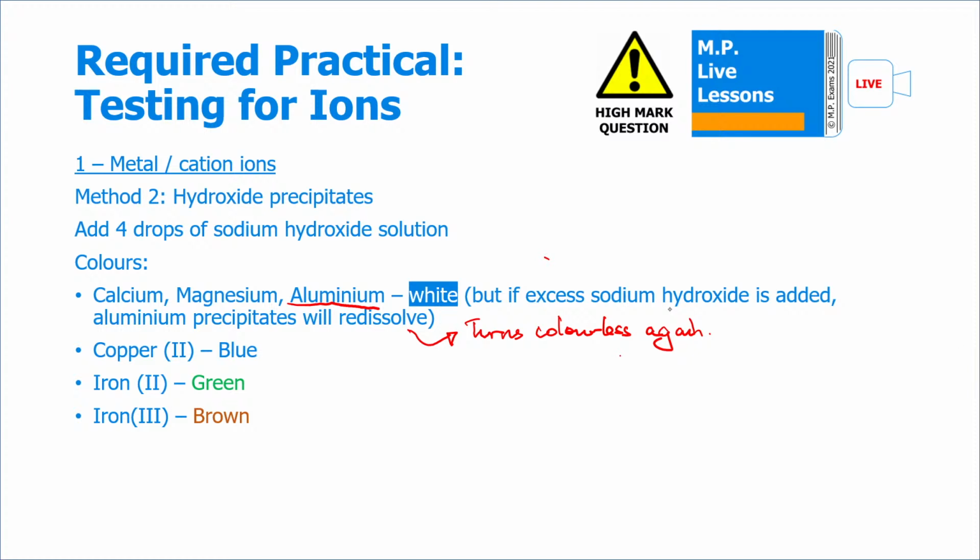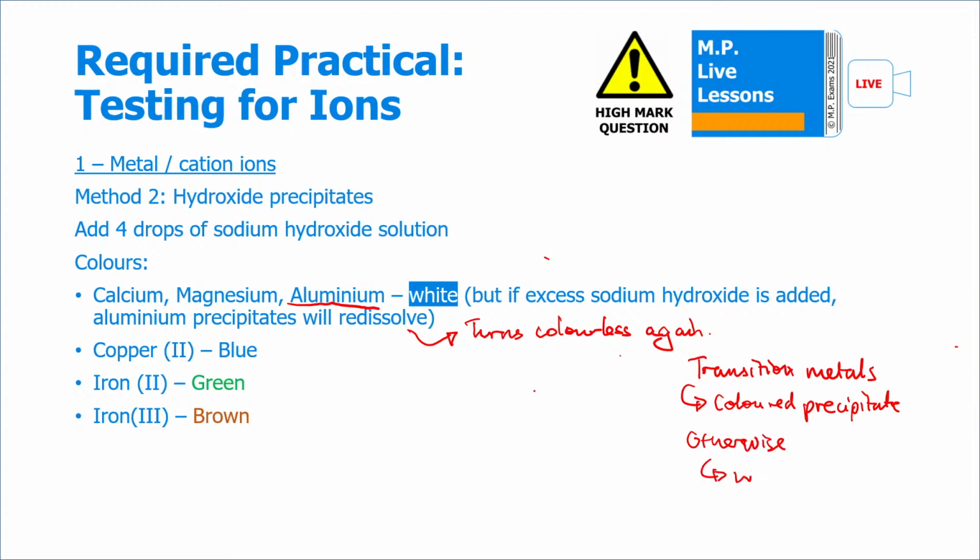Just useful to know is that transition metals will produce a nicely coloured precipitate. Otherwise, it's just white. That's one way to remember this.